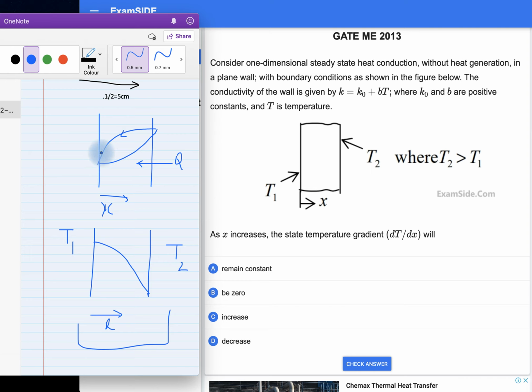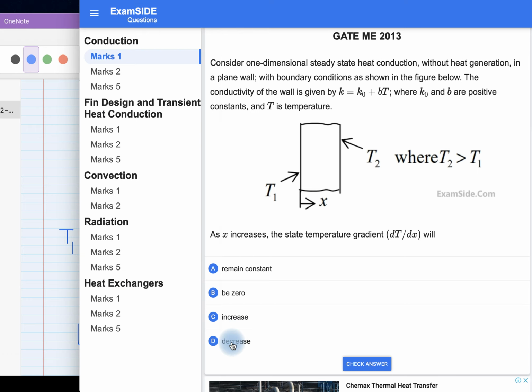Now my slope is decreasing as x is increasing, because here the slope is touching vertically and here it is horizontal. So as x increases, the gradient of the temperature dT by dx will decrease, because here the slope will be like this, here it will be like this. So dT by dx will decrease. So the correct answer is D.